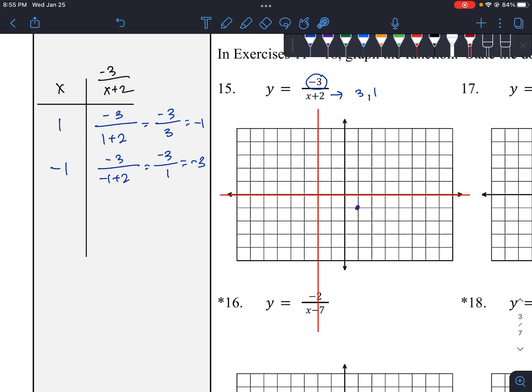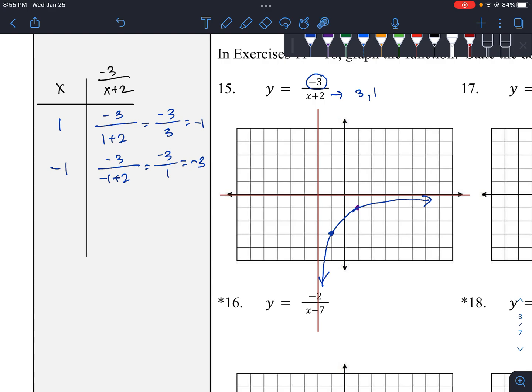So again, I'm not going to count negative 1, negative 3 from here. Negative 1, negative 3 would put me right here. That's not correct. I'm going to count negative 1, negative 3 from here. So negative 1, 1, 2, 3, right there. That's where I'd plot my points, like that. And I'd go just like this.